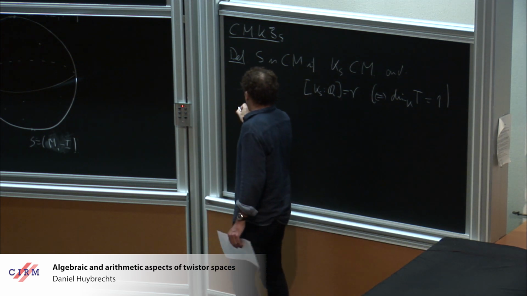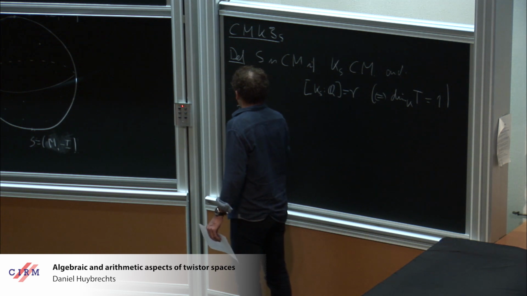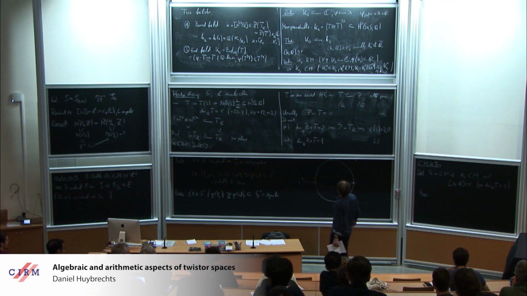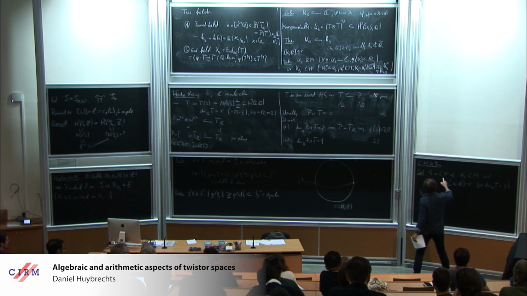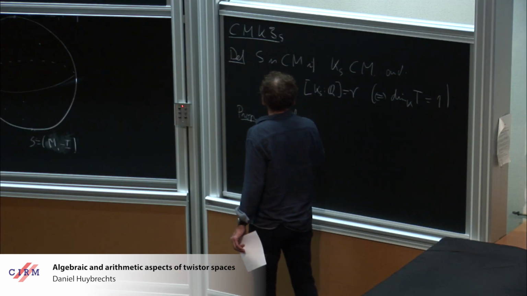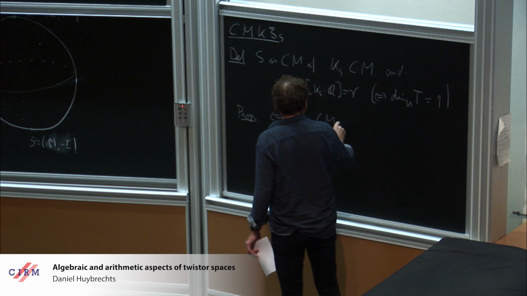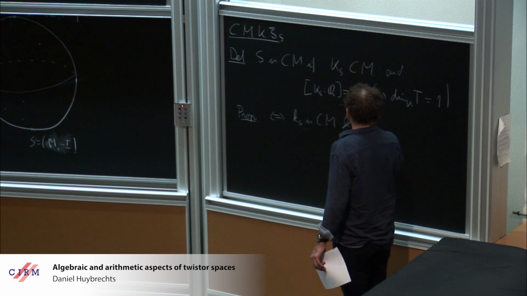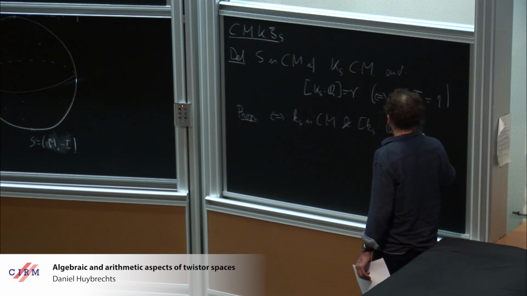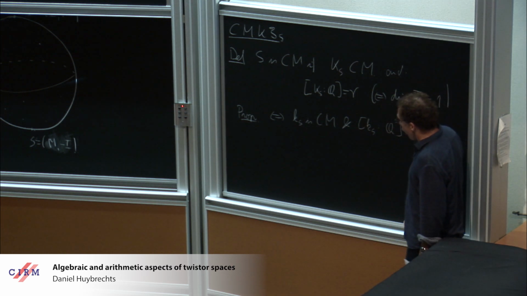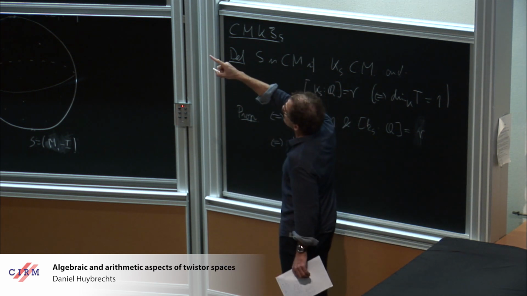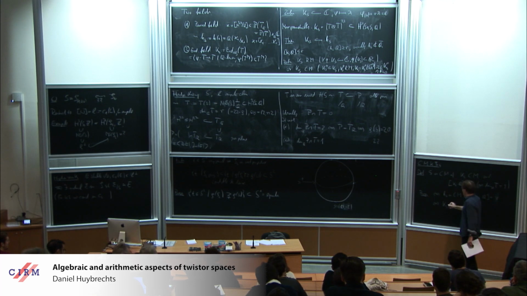Okay, and then you can prove a little proposition that shows you can actually characterize the CM K3 surface in terms of the other field as well. This is the case if and only if K_S is CM and of the correct degree, or you could simply say the two fields, so K, the endomorphism field, sits in the period field, they are the same.